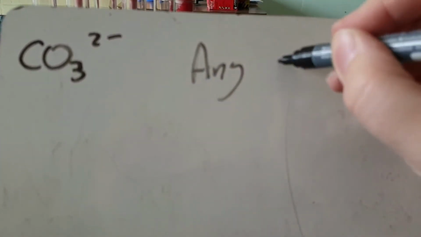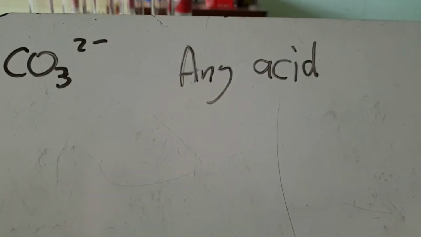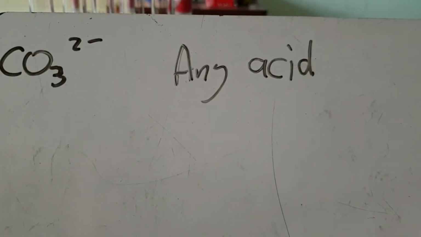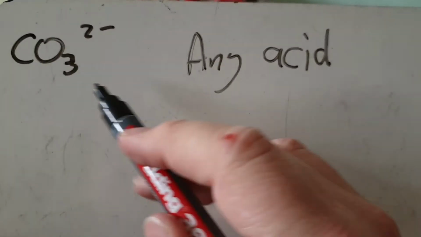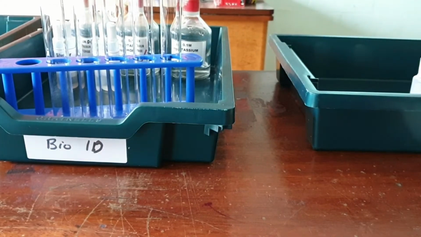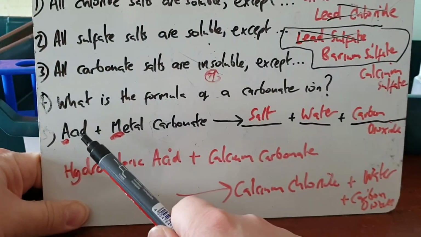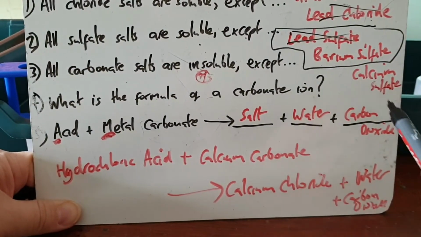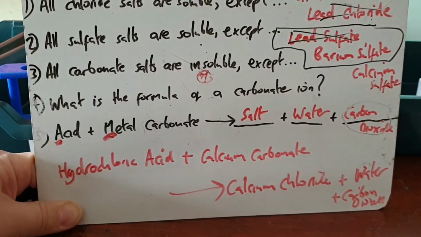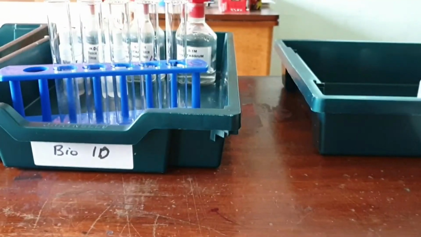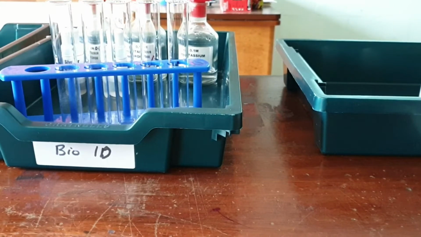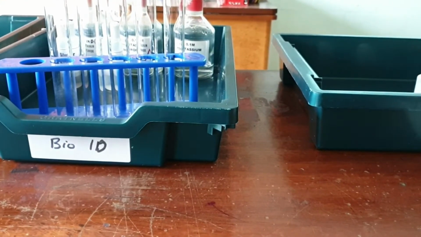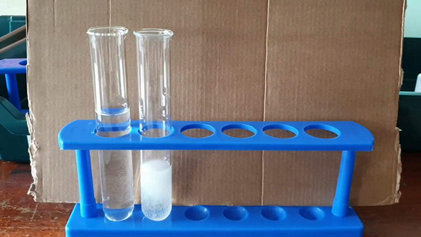This is why I made this a question on the quiz: what happens if you add any acid to a carbonate compound? We make salt, we make water, but this is the important one, we make carbon dioxide. And you already know the test for carbon dioxide: bubble it through lime water.